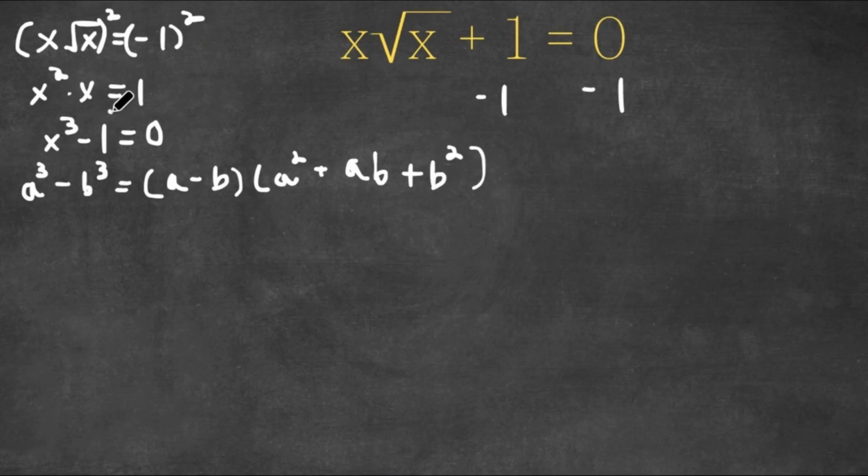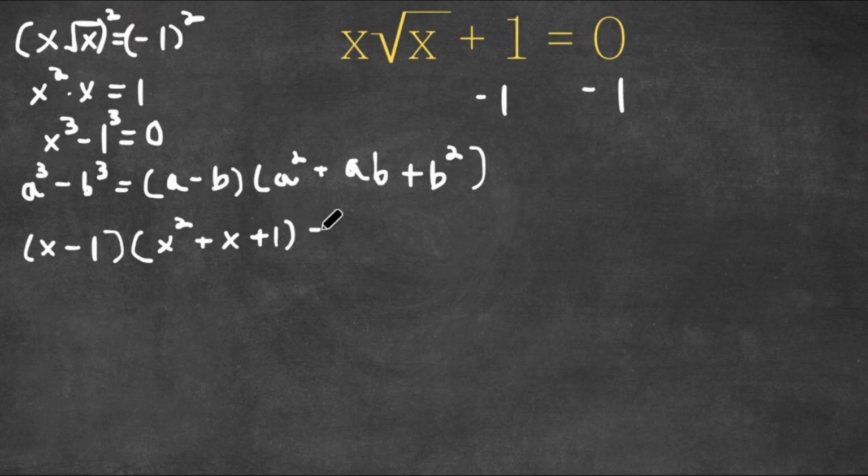So 1 is the same thing as 1 to the power of 3. If we plug in our values here, we get x minus 1 times x squared plus x times 1, which is simply x, plus 1 squared, which is simply 1. And this is still equal to 0.